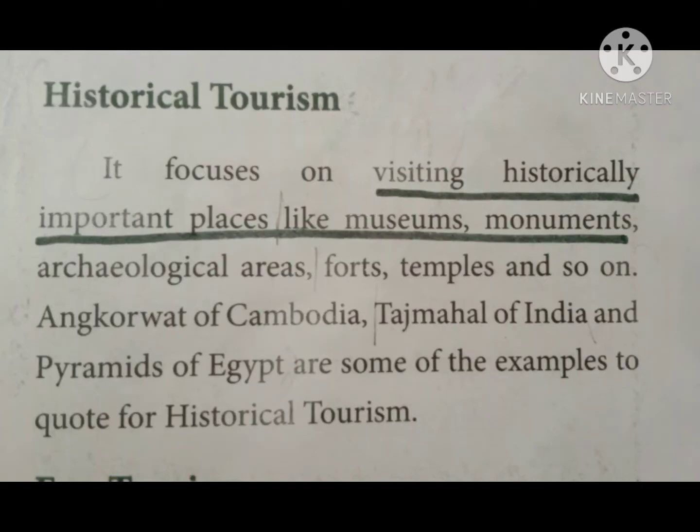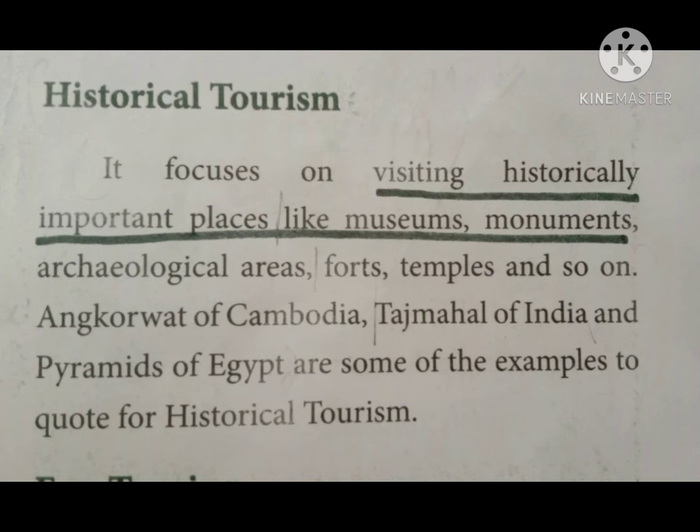Next, historical tourism. It mainly focuses on visiting the historical places such as museum, monuments, archaeological areas, fort, temple. This everything comes under this. So they will give more interest to know about the historical events by visiting those places.